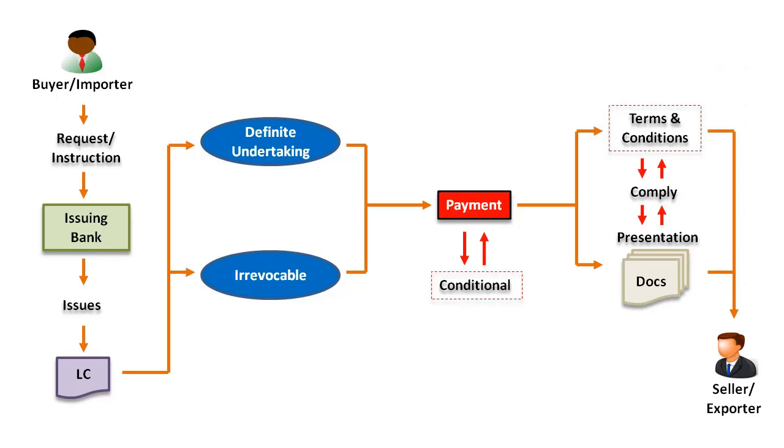So the seller is obligated to present documents that comply to the terms and conditions of an LC as a condition to obtain a payment under the definite undertaking that is irrevocable in the form of an LC issued by the issuing bank at the request or on the instruction of the buyer.